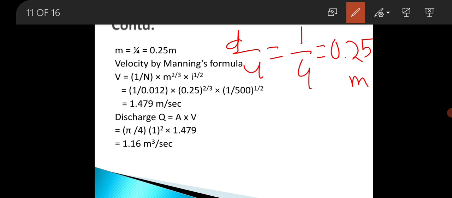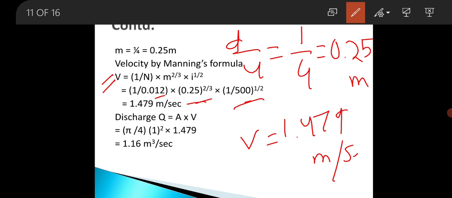Now we have all the data with us. Then we put the values in the formula: 1 by n, 0.012, in place of m put 0.25, in place of I put 1 by 500. So the velocity comes out to be 1.479 meter per second.